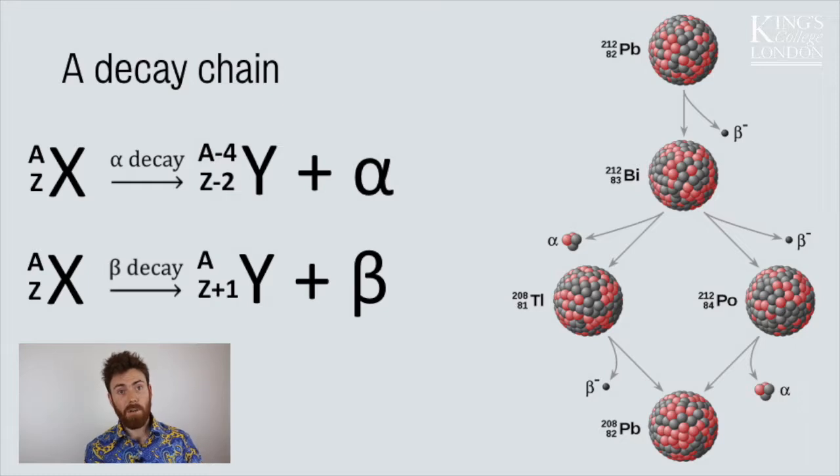Supposing the bismuth undergoes alpha decay to thallium, we can see that the total number of nucleons decreases from 212 to 208 because the alpha particle consists of 2 protons and 2 neutrons. So that's a decrease by 4. We can see that the atomic number decreases from 83 down to 81 because 2 protons have been removed in that alpha particle. Okay?